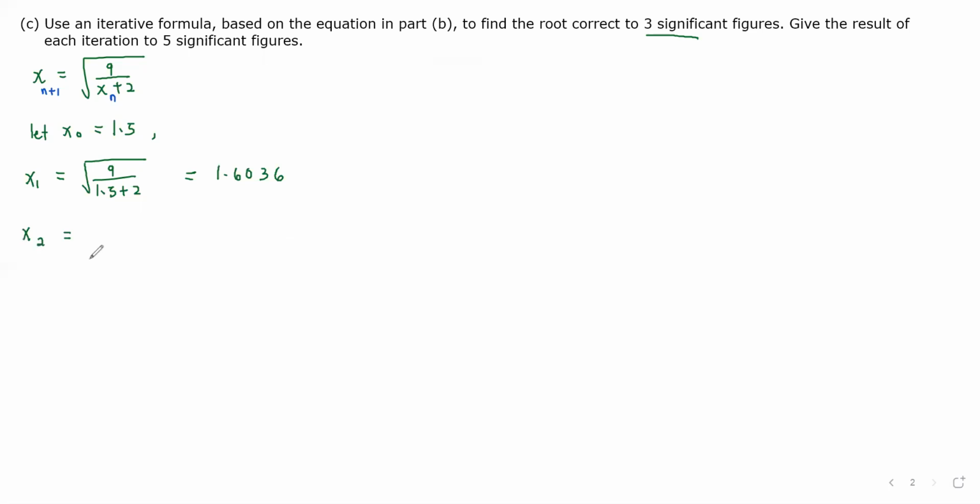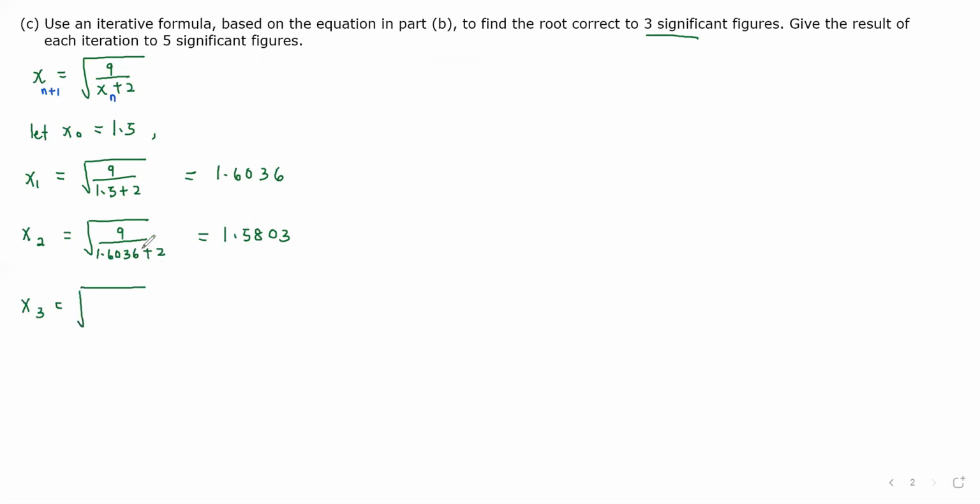Then x sub 2, we have square root of 9 over (1.6036 + 2), and that gives us a value of 1.5803. X sub 3, we need it to converge to 3 significant figures.